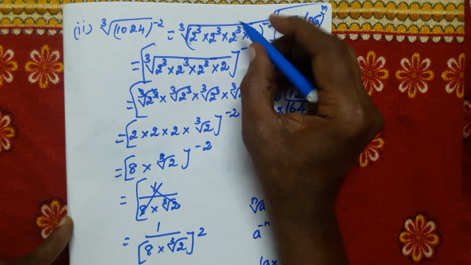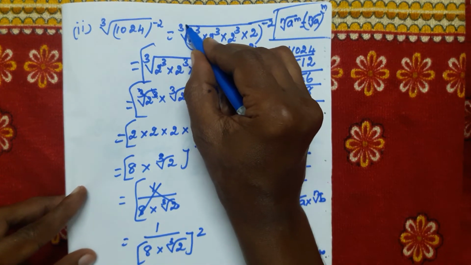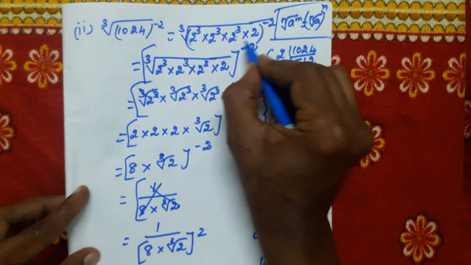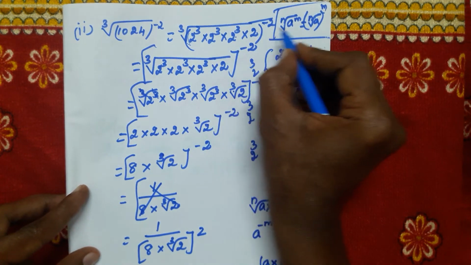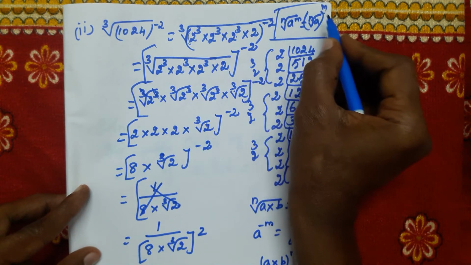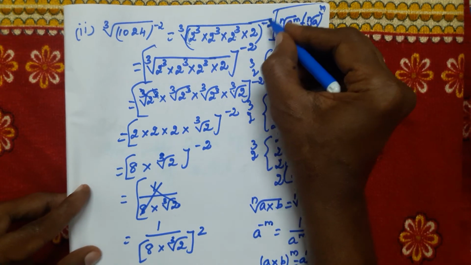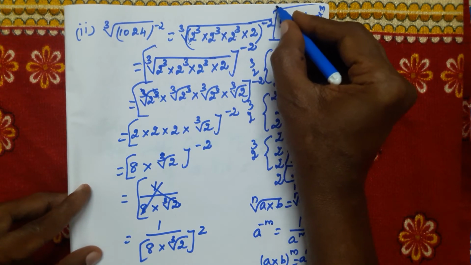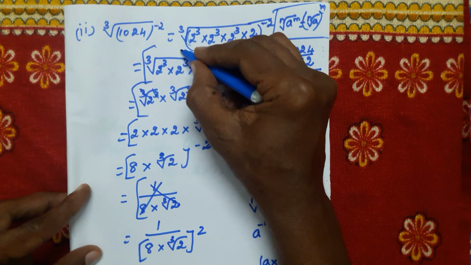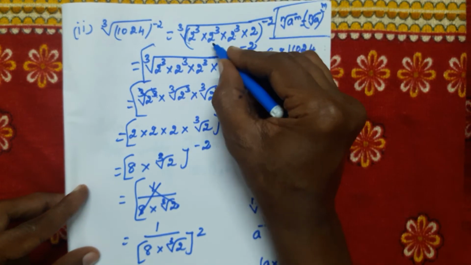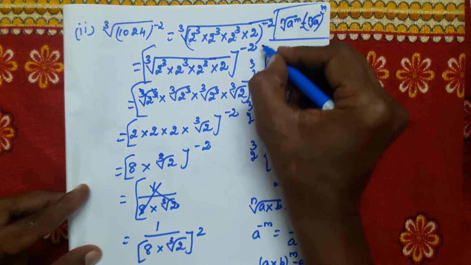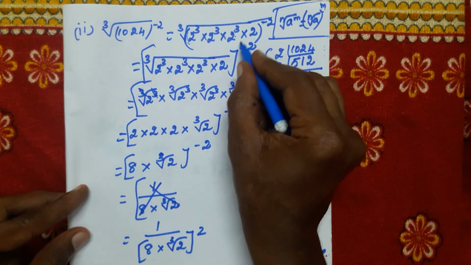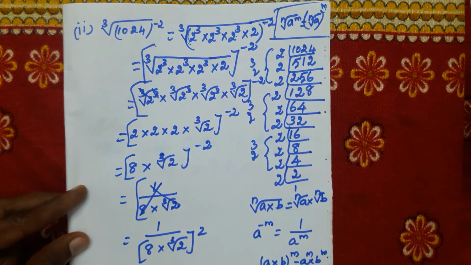Nth root of a power m is equal to nth root of a the whole power m. This minus 2 will come outside.